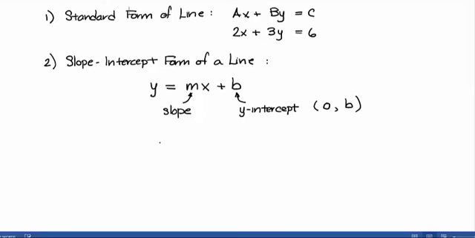So if I gave you an equation of a line that said y equals negative 2/3 x plus 2, what this is saying is that negative 2/3 is my slope, and my y-intercept, 0, 2, is where it crosses the y-axis.